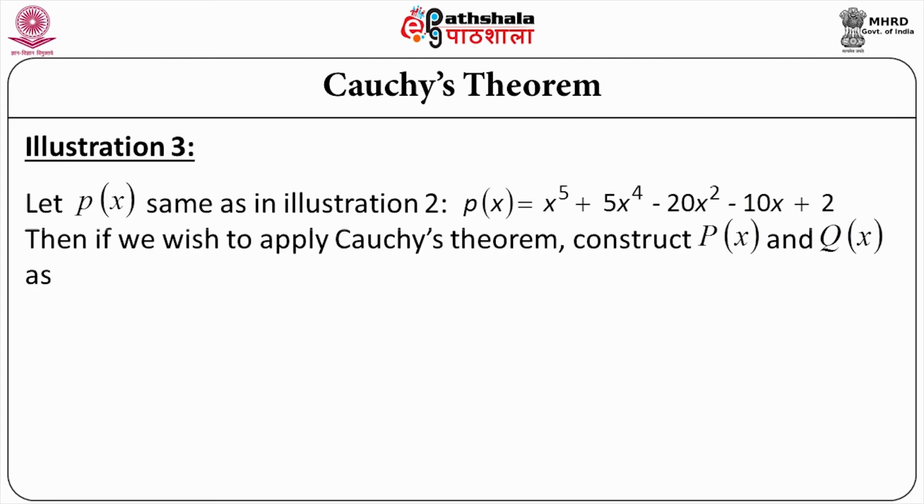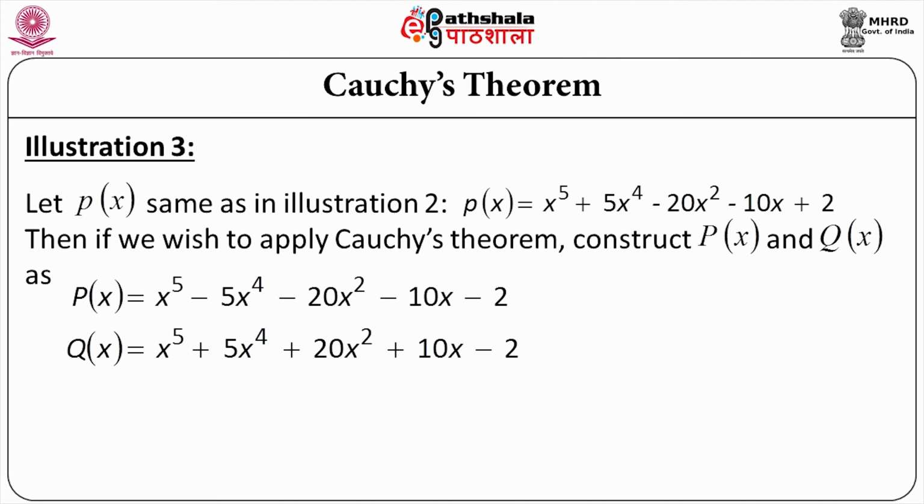Let us take the same polynomial which we have considered in our earlier result. So, p x is x raised to 5 plus 5 x raised to 4 minus 20 x square minus 10 x plus 2. As we have to apply Cauchy's theorem, let us construct capital P x and capital Q x. How to construct capital P x? Except the highest degree term, all other terms are to be made negative, magnitude remains the same.